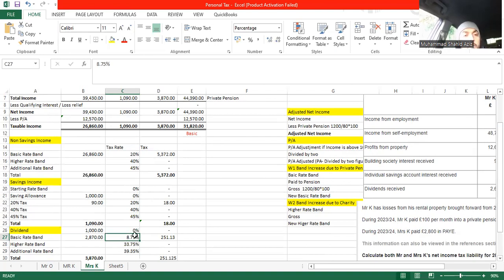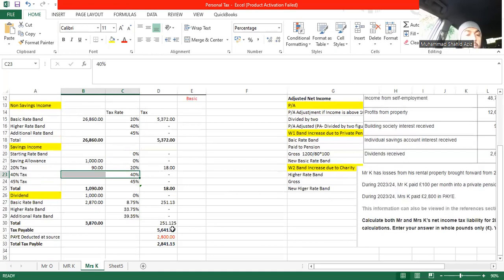The reason is that all this together, 31,820, is less than 37,700 pounds, so she is a basic rate taxpayer. We don't need to deal with 33.75% or 40%. At the end, the total tax payable is 5,641.13.